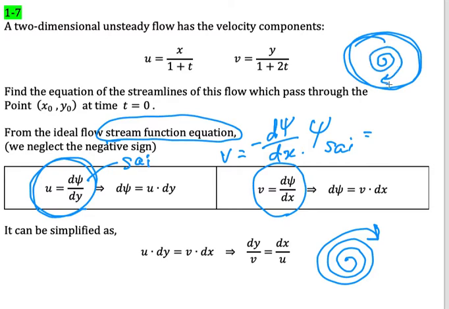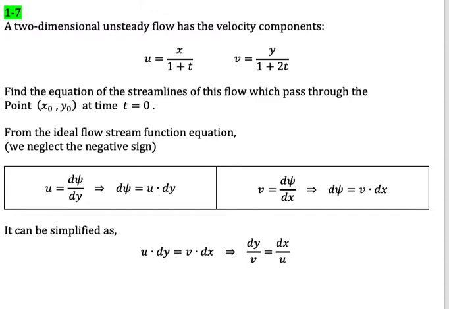If you see it from the top, you will find it is clockwise, but if you see it from the bottom, you will see it rotates counterclockwise. So the negative sign is actually to reflect the direction. But in some textbooks they will neglect it because they just want to get the positive equation.